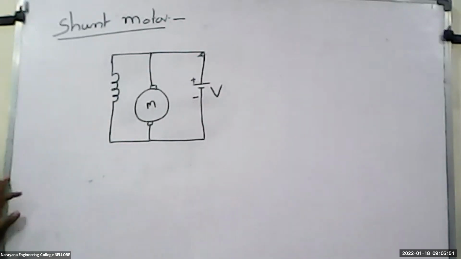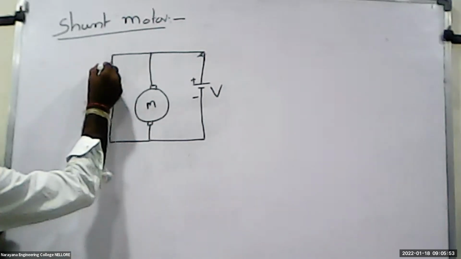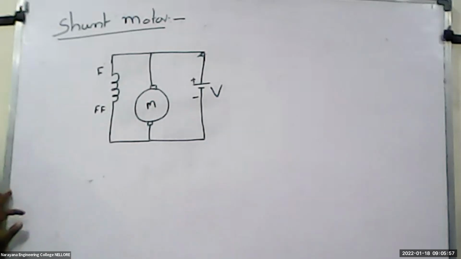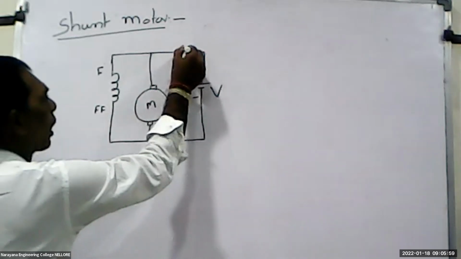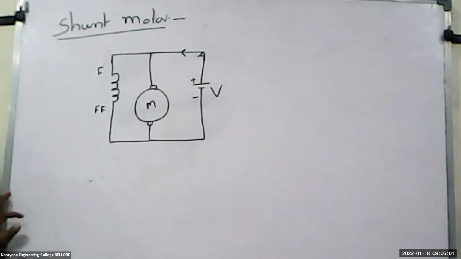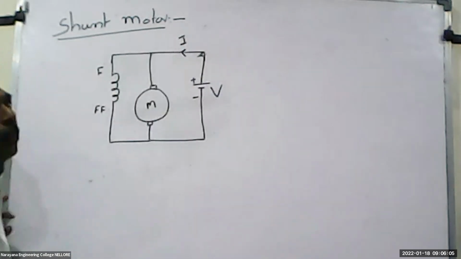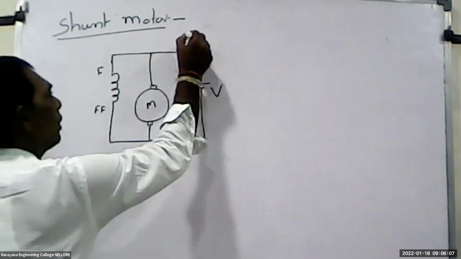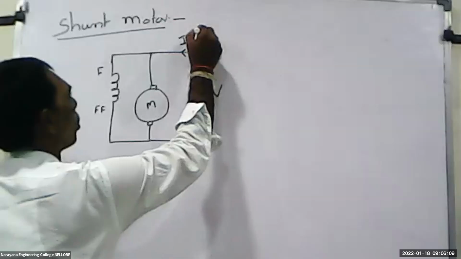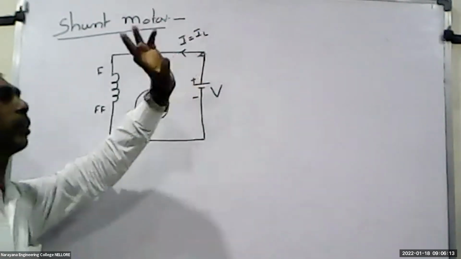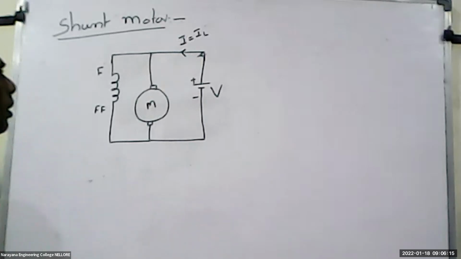This is represented as V, and the field winding is represented as F. And I have to assume that the current delivered by the source is represented as I, which is also considered as IL because it is the load current.